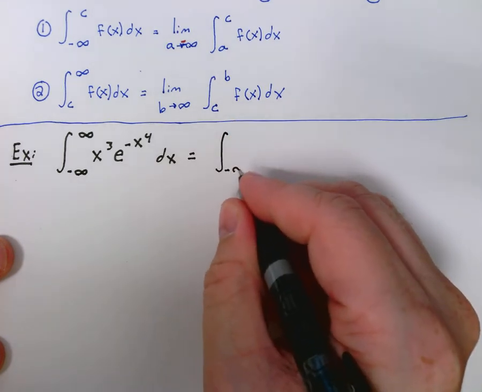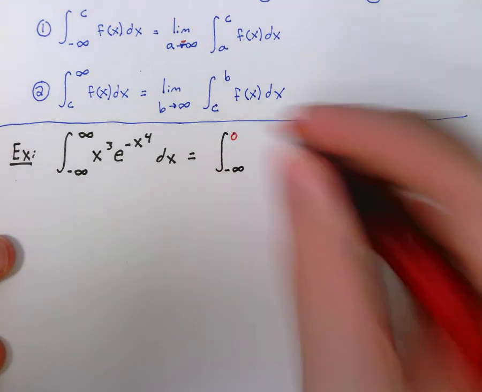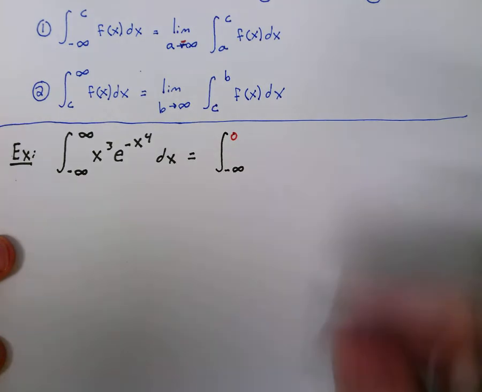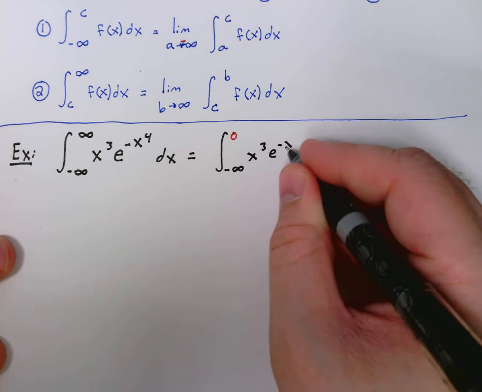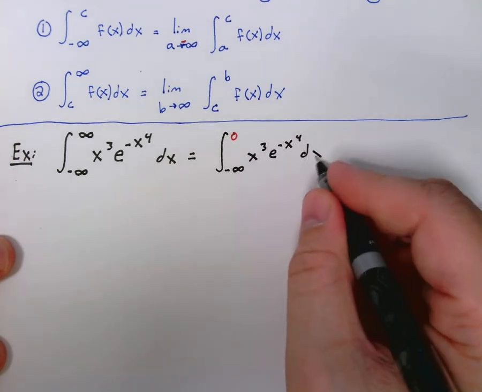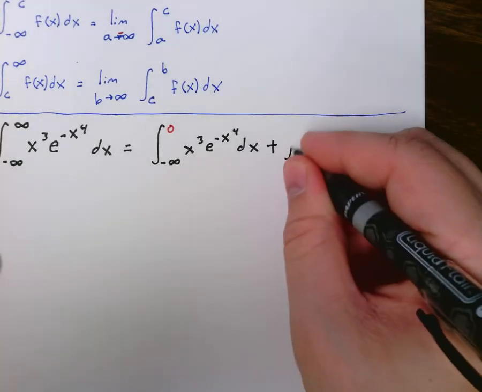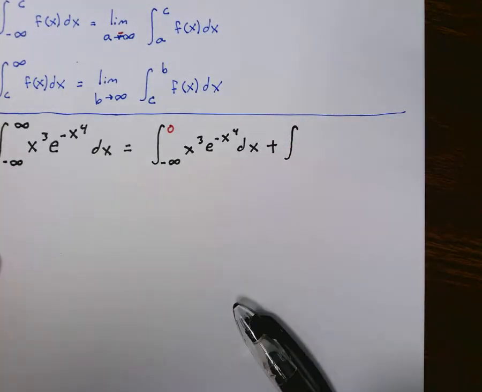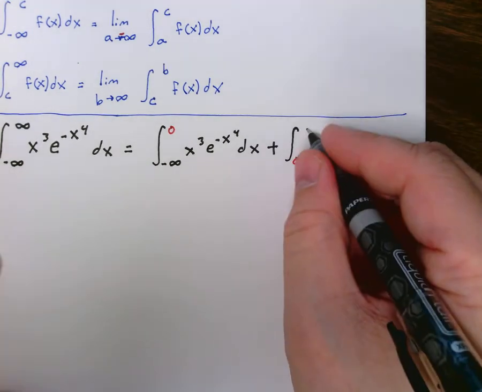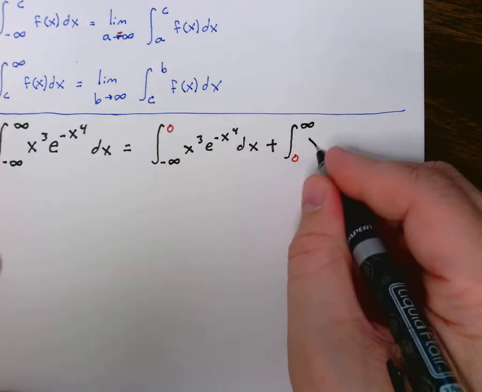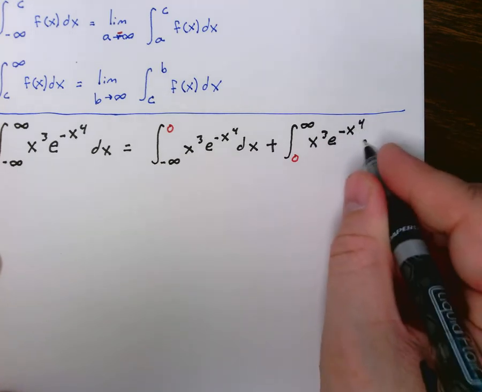So if I go from negative infinity, and I pick 0 as my c value, then I'm going to have the integral of x cubed e to the negative x to the fourth dx plus the integral from 0 to infinity of x cubed e to the negative x to the fourth dx.